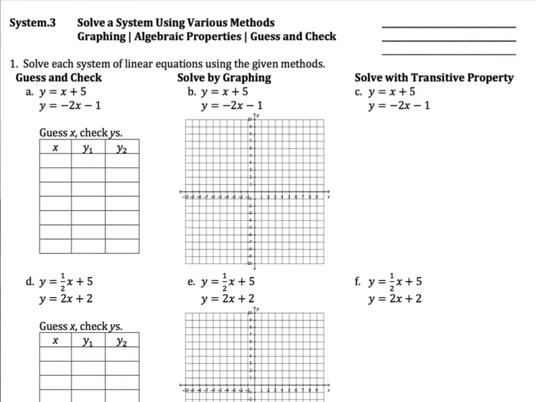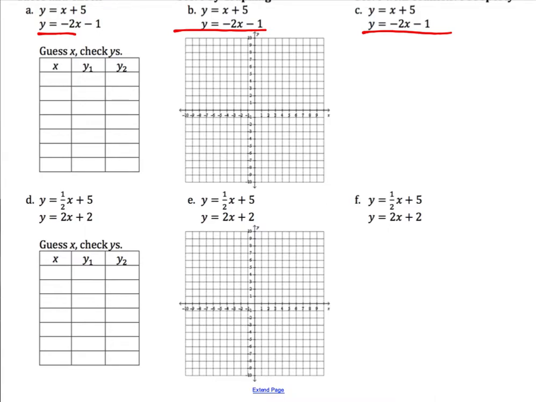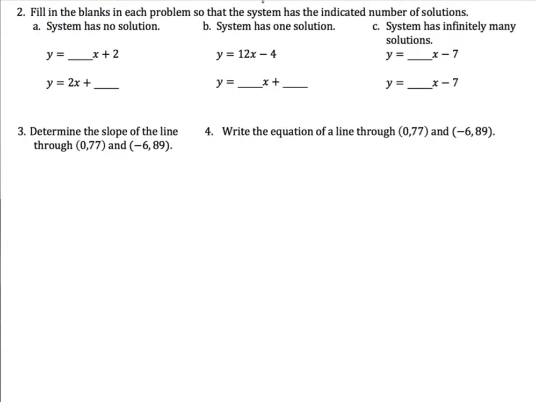Because they're the exact same system, you are going to get the exact same answer all 3 times. You need to show the process. You're going to do it again for another system with part D, E, and F. Do the guess and check first, and then do the graph and then the transitive property.